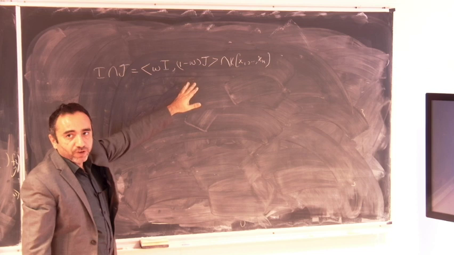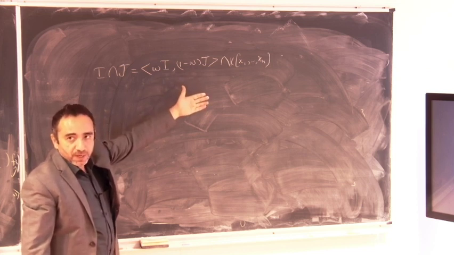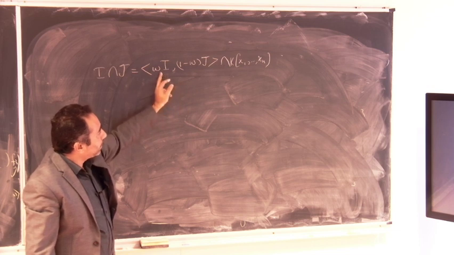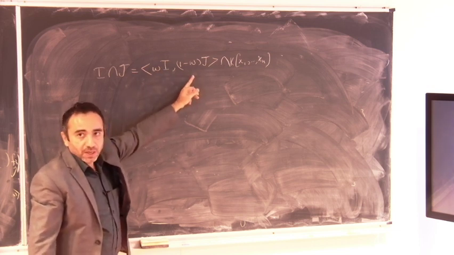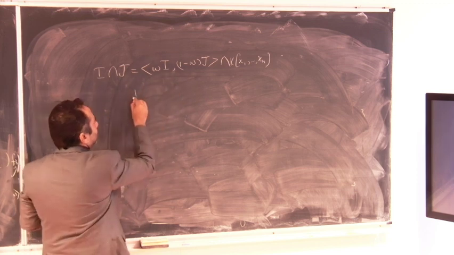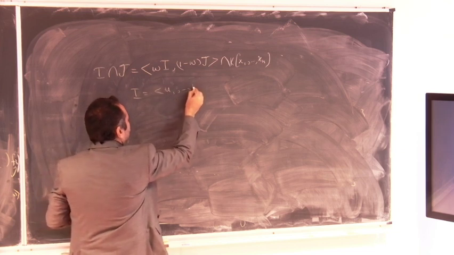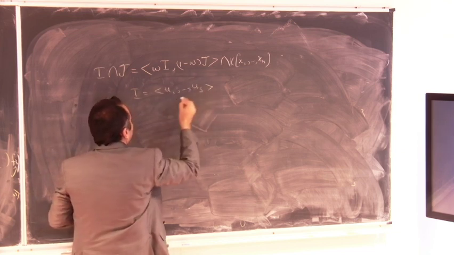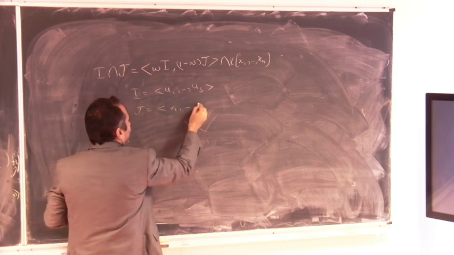So we have to define an ordering in which w is larger than the x variables, and then we need to compute a Gröbner basis for this new ideal. And this new ideal is simply, let's say I is generated by u1 up to us, and J is generated by say v1 up to vt.